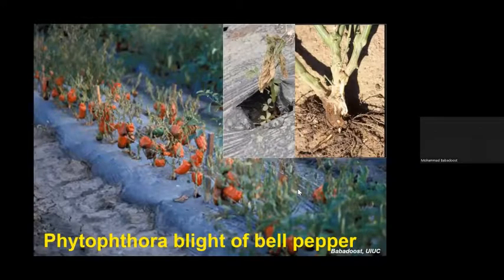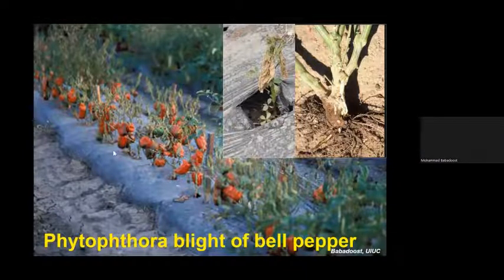And as you see on pepper, first on pepper, we can see the disease from the time we put the transplant in the soil. Here it is. See the lesion in the crown section at the soil level. Then the pathogen can attack and infect the plant anytime from the beginning up to the harvest.